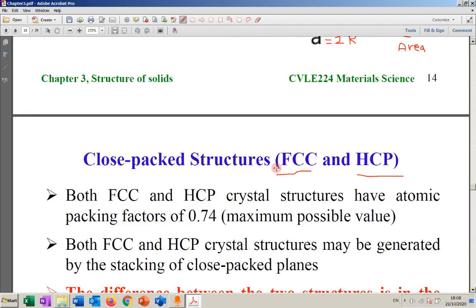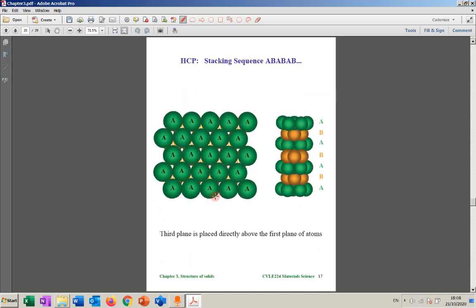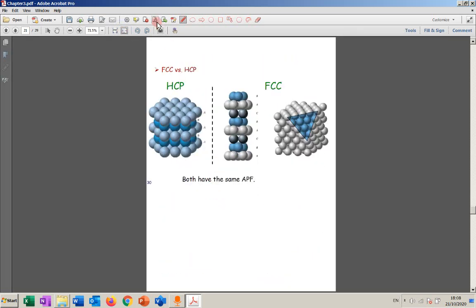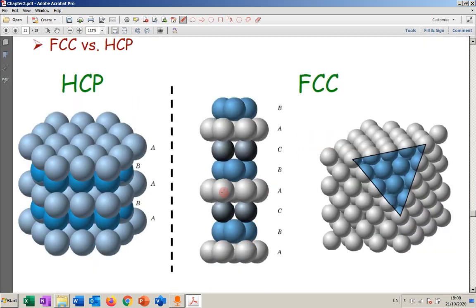What does it mean? It means that when you arrange them, let's come back here. When you arrange them, look at the arrangement, we have it here. Now the way that HCP will be different from FCC is what they call the stacking.